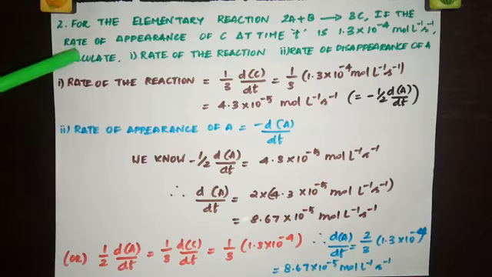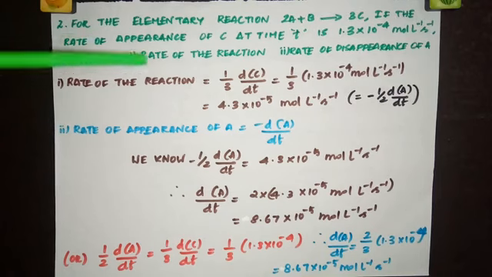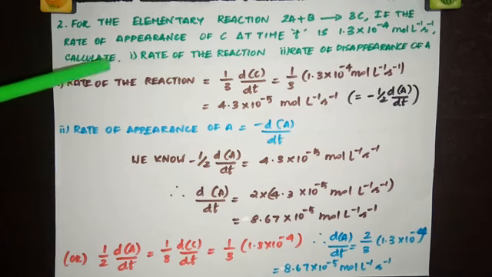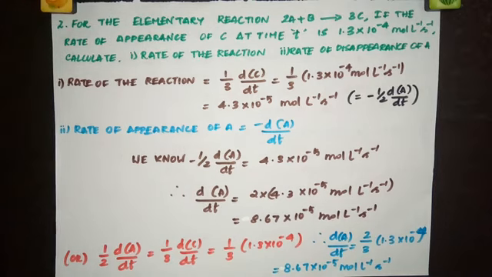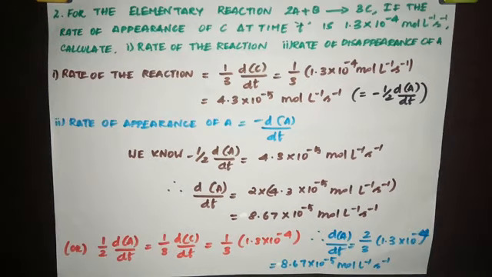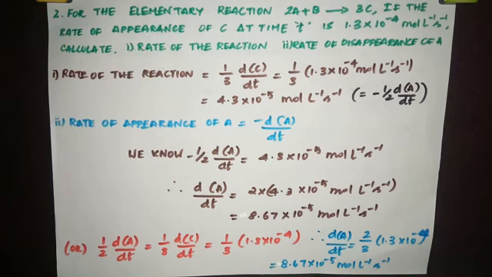For the elementary reaction 2A plus B giving 3C, if the rate of appearance of C at time t is 1.3 into 10 to the power minus 4 mole liter inverse second inverse, calculate 1, the rate of the reaction, 2, the rate of disappearance of A. Here they have given you a reaction and also the rate of appearance of C, 1.3 into 10 to the power minus 4 mole liter inverse second inverse.